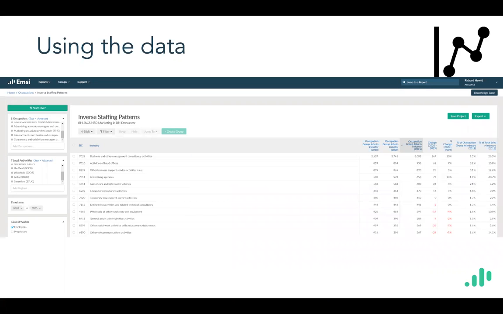Here we have what I mentioned before, the inverse staffing patterns. Again, we're using the same radius from Doncaster, but in this data we look at the marketing occupations. And what you can see here is the ability to explore which industries are employing those occupations in that geography.